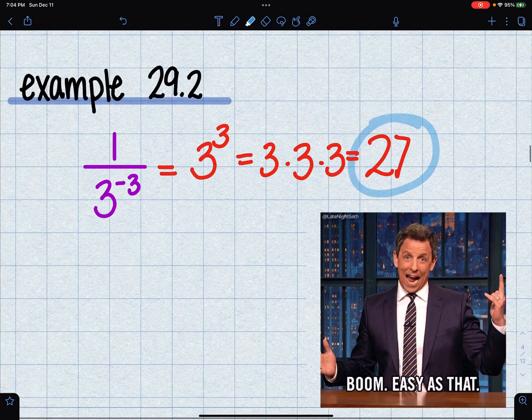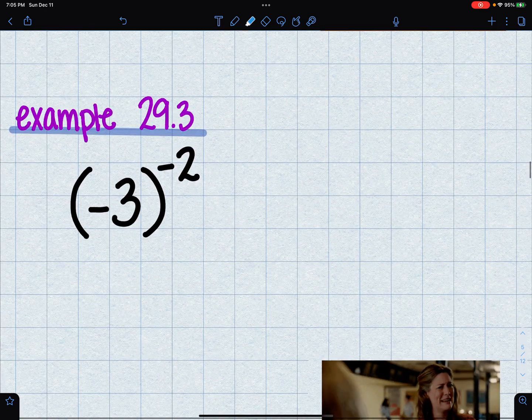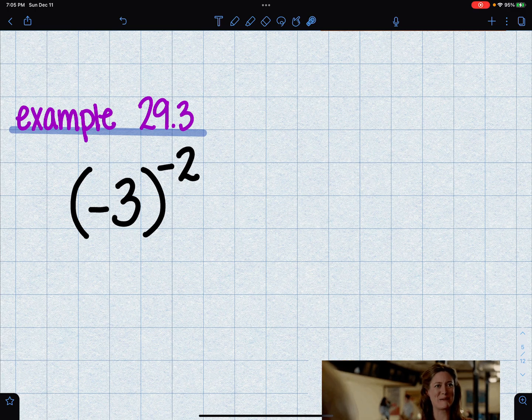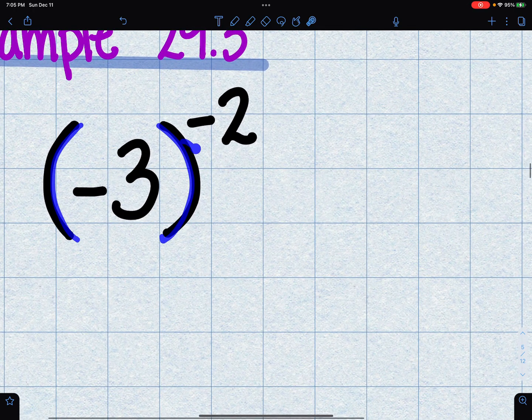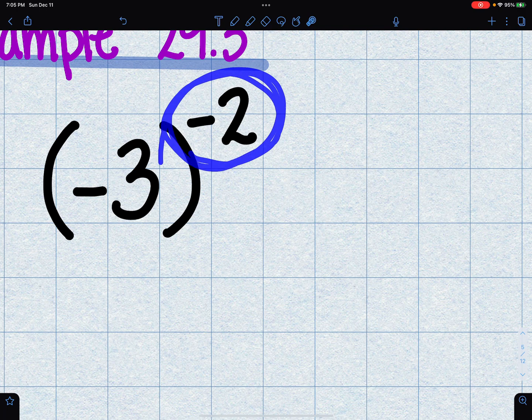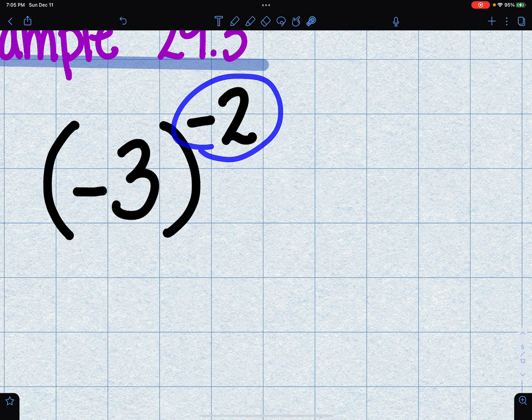Let's do example 29.3. This is really getting tricky because there's a lot of negatives. They've got this negative 3 in parentheses, and then they've got a negative exponent. It's this exponent that makes me realize I have to write the reciprocal of it, because otherwise, what do you do with that?